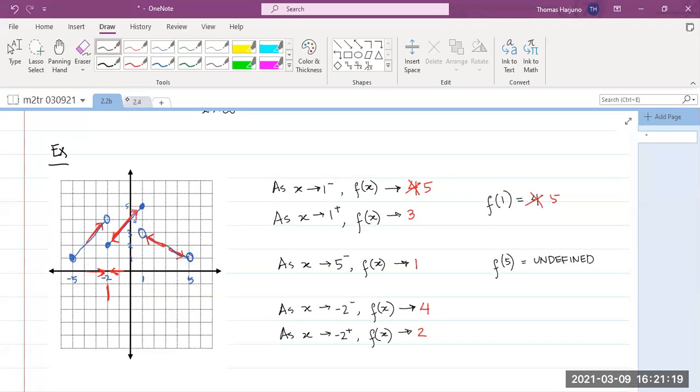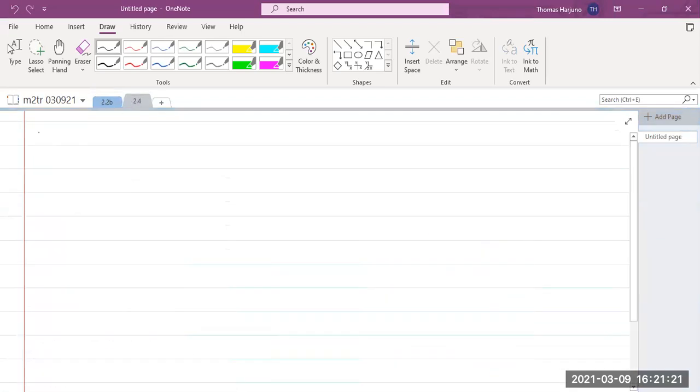Let's go on to 2.4. 2.4 is on definition of functions. Now, again, I assume that you have watched lesson 7.